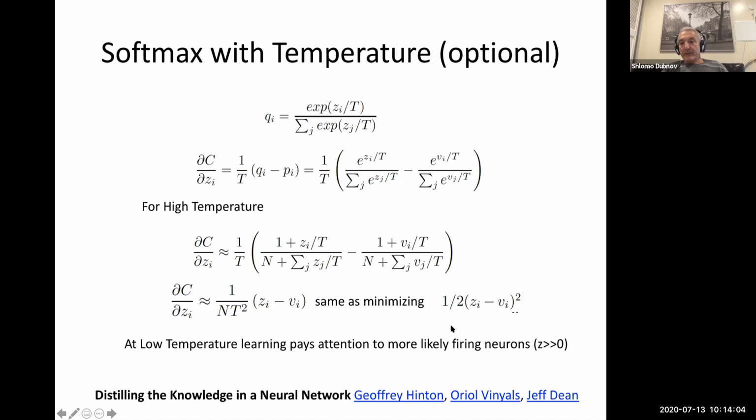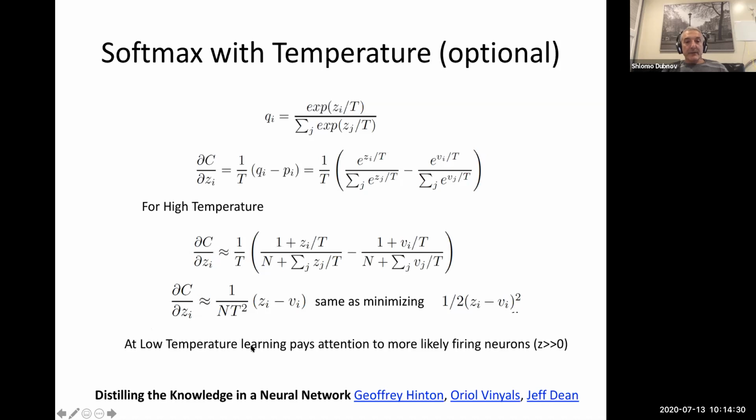You can see, because if you take the derivative, you also get Zi minus Vi. So it gives you a soft way of going between Euclidean error and cross entropy, which is logistic regression or classification, where we think about variables as categorical versus as a continuous variable. That's another thing to consider.